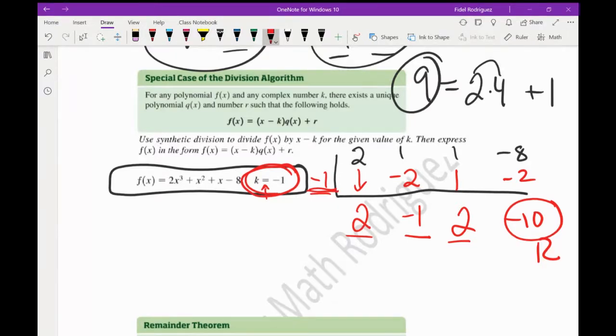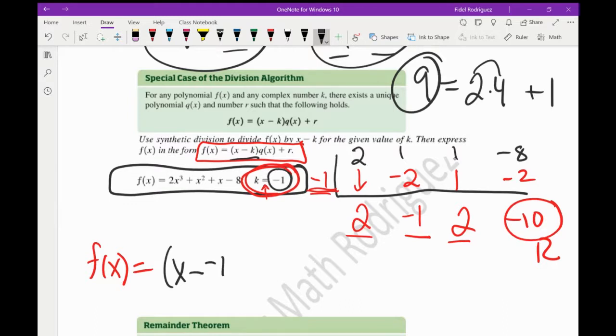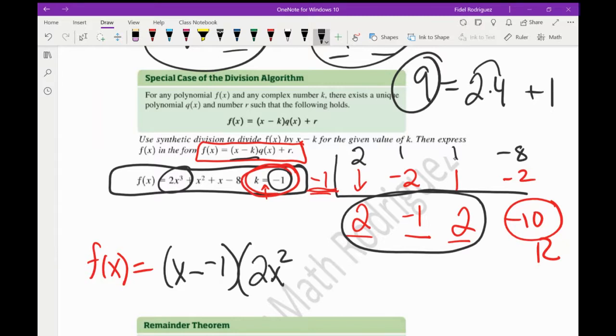So this is what we're going to do now, y'all. We're going to write our problem so that it looks like this. So we're going to say f of x equals, let's see, x minus k. So I'm going to write this as x minus k, which was a negative 1, times this piece right here. Remember what we used to have? We used to have an x to the third polynomial. So remember, that 2 is telling me that's the number in front of the x squared.